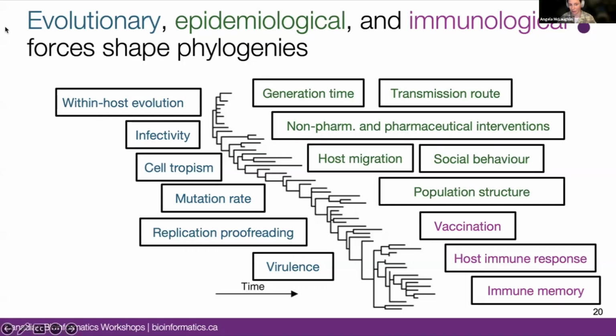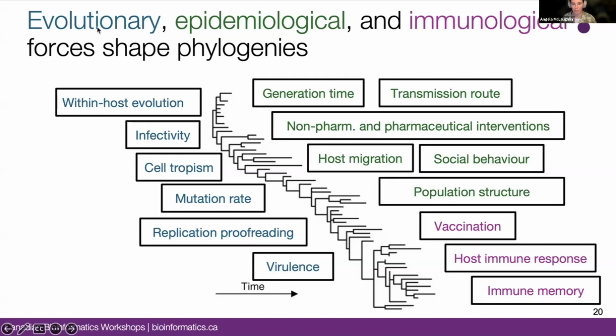So we have within host evolution occurring, with immune pressure. It's important for the virus to maintain infectivity and its cell tropism. The mutation rate, which itself evolves, is impacting the phylogeny. The absence of replication proofreading in some viruses, as well as the development of virulence, can also be selected for or selected against.